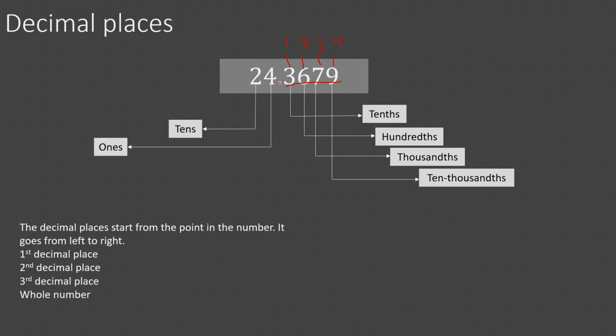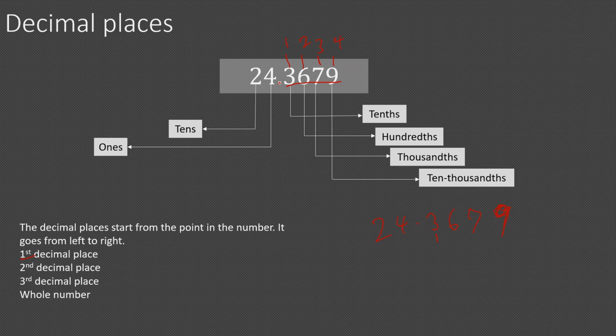And so what we need to know is how to round to the nearest decimal place. We can start off with the first decimal place in this question, 24.3679. So we're to first round to the first decimal place. So 3 is the first decimal place. We look at the number that is after 3, which is 6.